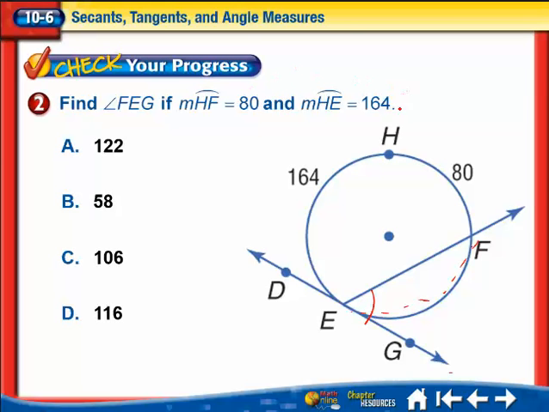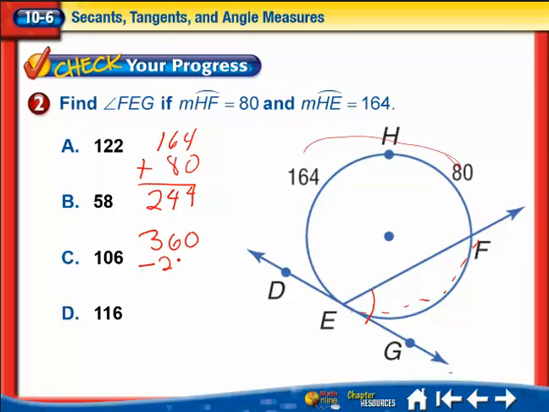So we're going to add these two arcs together. 164 plus 80, 244. Now I'm going to subtract that from 360. I get 116, and then I need to take half of that.